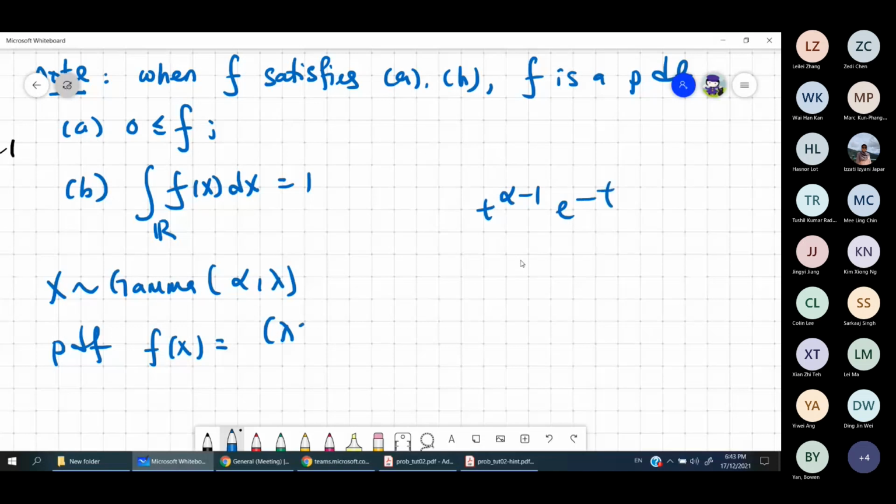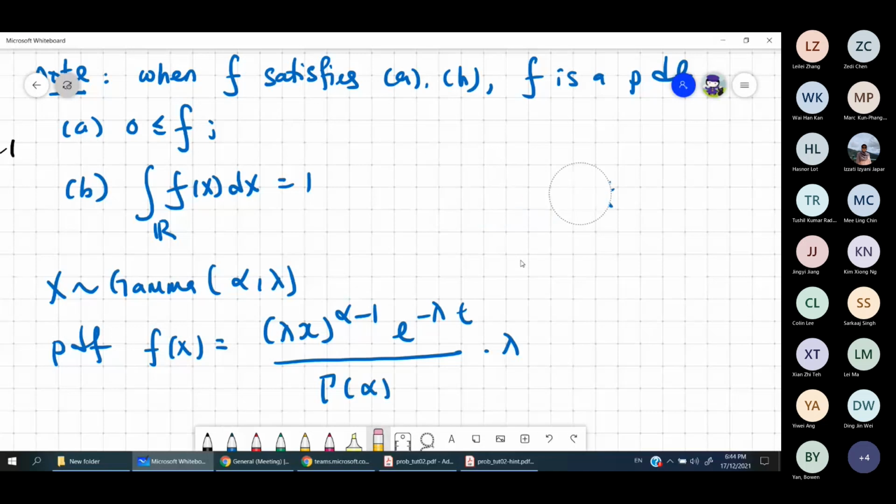Okay, so I think it's lambda^alpha x^(alpha minus 1) e^(minus lambda x) over gamma(alpha). Yeah. So when X is a random variable following a gamma distribution, the PDF will be given like this.